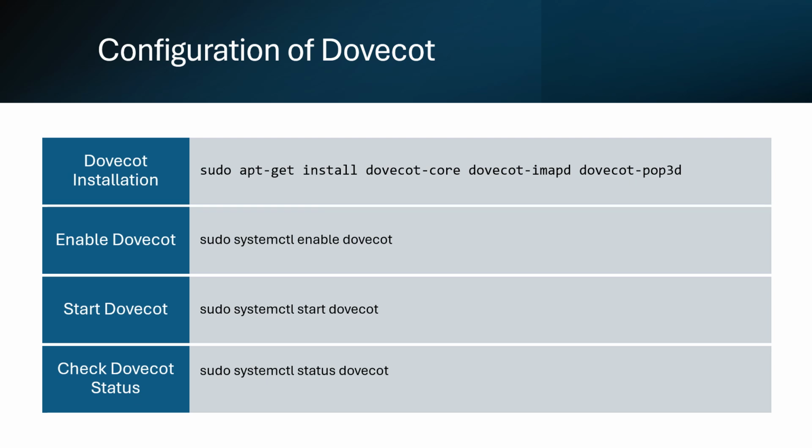This manually starts the service immediately, and this is necessary after installation and any configuration changes. Lastly, you can use systemctl status dovecot. This will display whether it is running and any potential errors that could be interfering with your service.